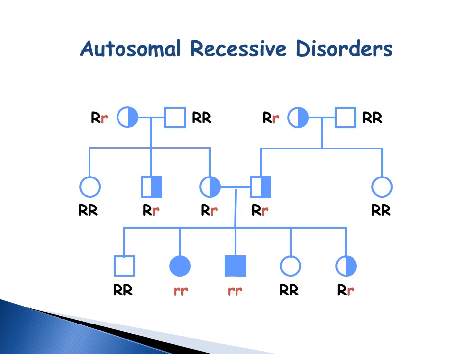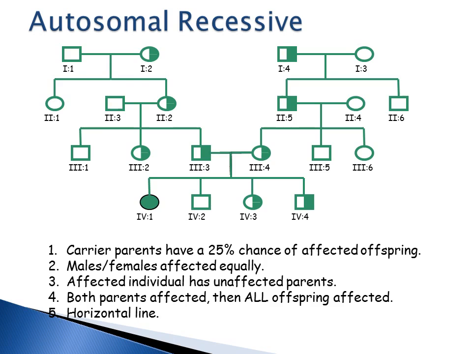So here is a typical pedigree of an autosomal recessive disorder. Here's another pedigree of an autosomal recessive disorder, and you can see here that carrier parents have a 25% chance of having an affected child. Males and females are affected equally, just like in autosomal dominant disorders.